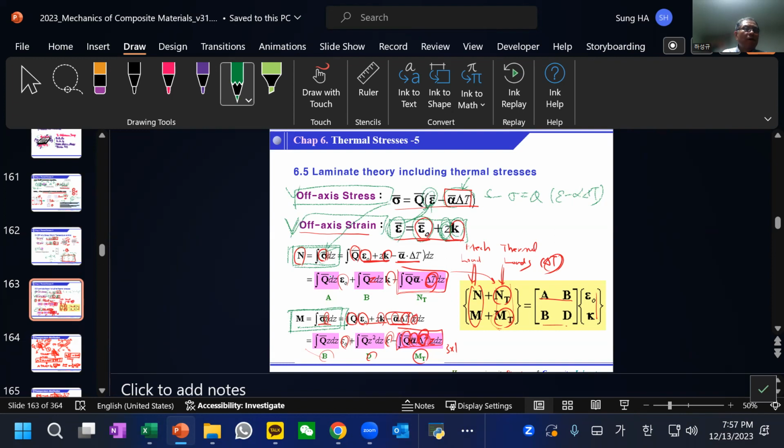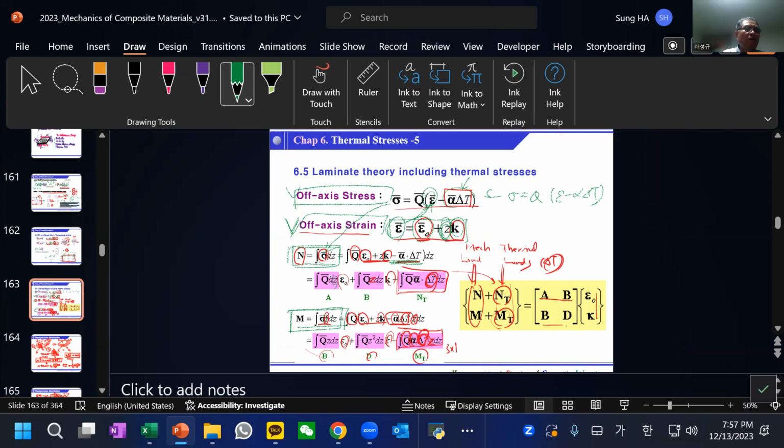But now we have a term due to temperature, minus alpha bar delta T. So a new term comes out here, and integration. So now let's try to integrate them. So first term, Q bar. And please pay attention to Q bar, which is a function of z. Why a function of z? Well, Q bar may vary through the thickness because each ply may have a different angle.